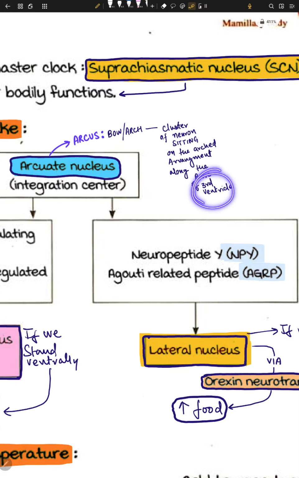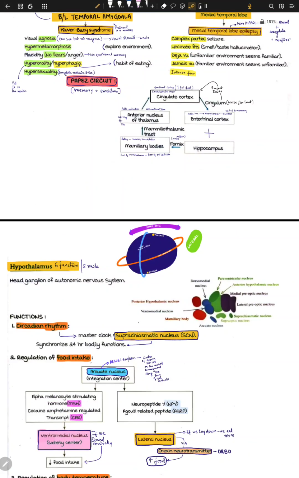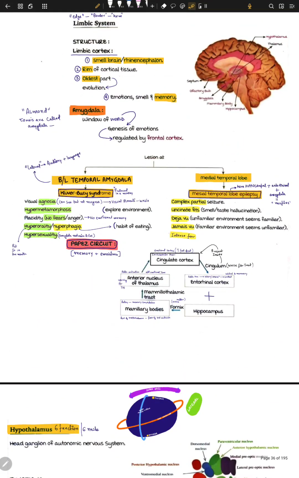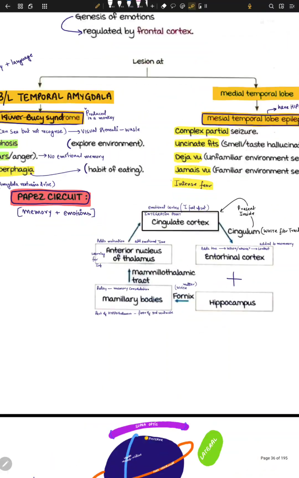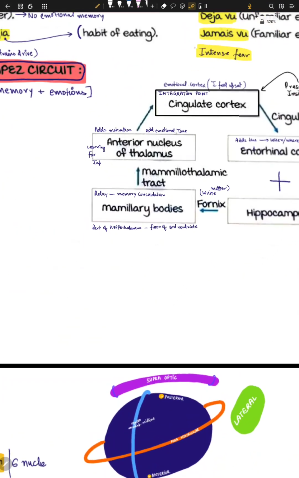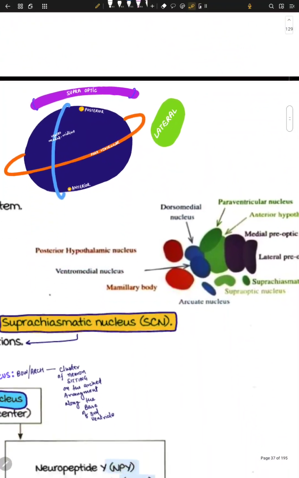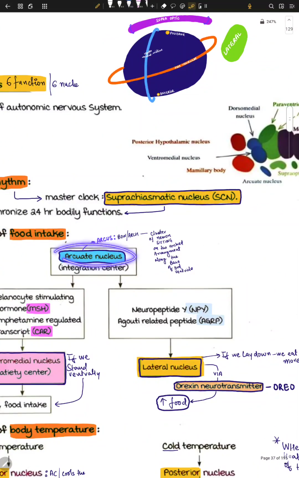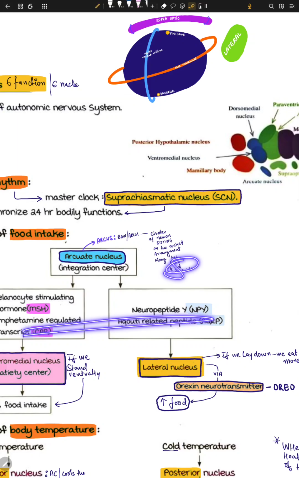What else was on the third ventricle? Do you remember? In the last topic, we covered the mammillary body. So the mammillary body is also present on the floor of the third ventricle, and the arcuate nucleus is also present at the base of the third ventricle.